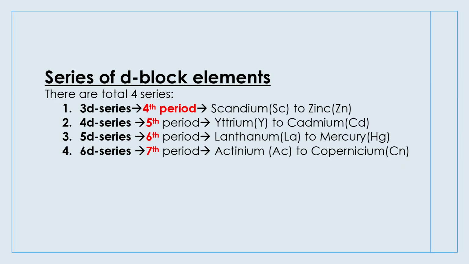So you can easily select lanthanum to mercury and you get full marks. So this is mostly for the multiple choice questions. You can easily remember it by 3, 4, 5 and 6, and the order is in increasing order. So 3D is for the 4th period, 4D is for the 5th period, 5D is for the 6th period, and 6D is for the 7th period.